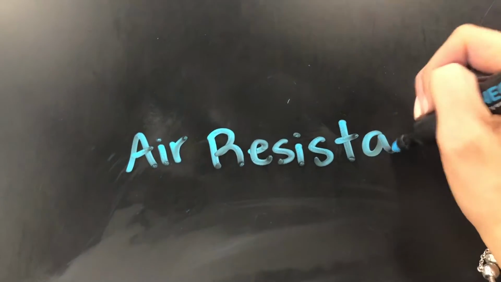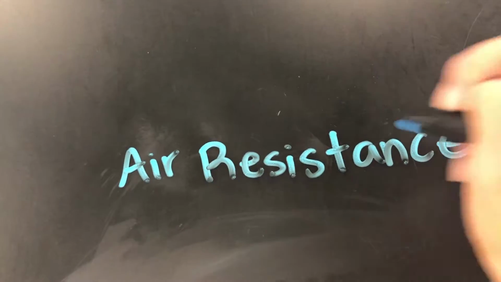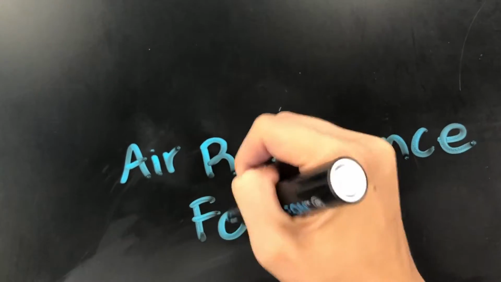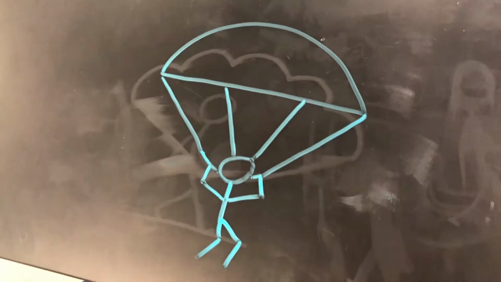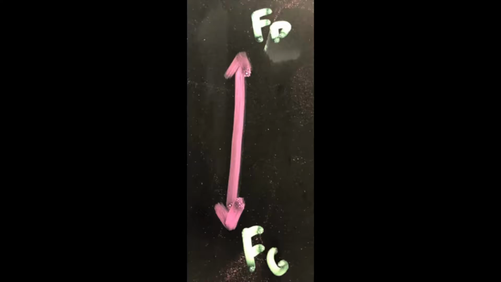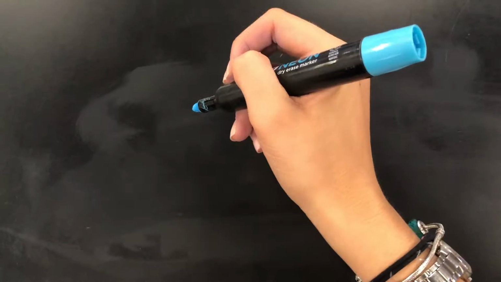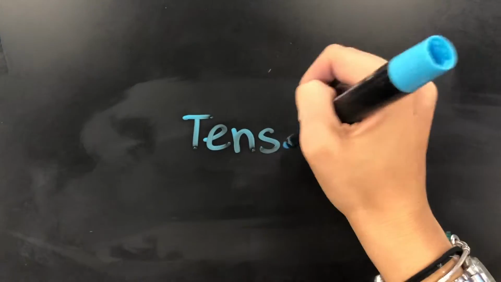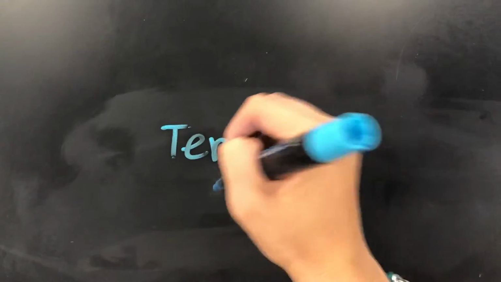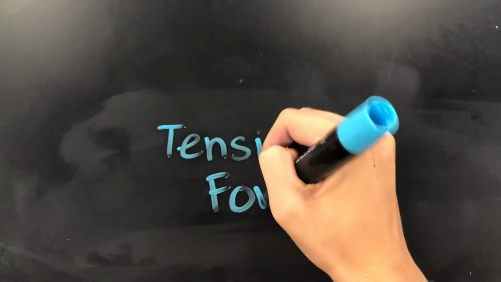Air resistance force is a type of frictional force that acts upon objects as they travel through the air. An example is a parachutist skydiving. Tension force is a force transmitted through a string, rope, or wire.